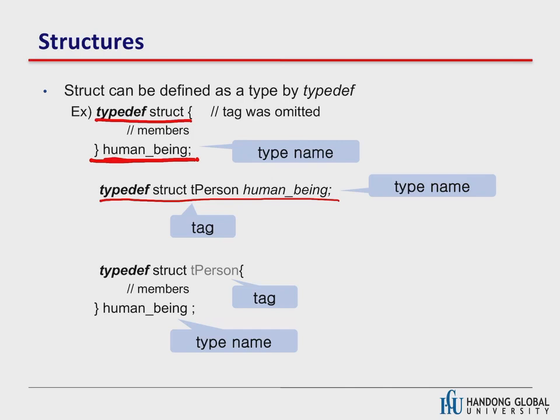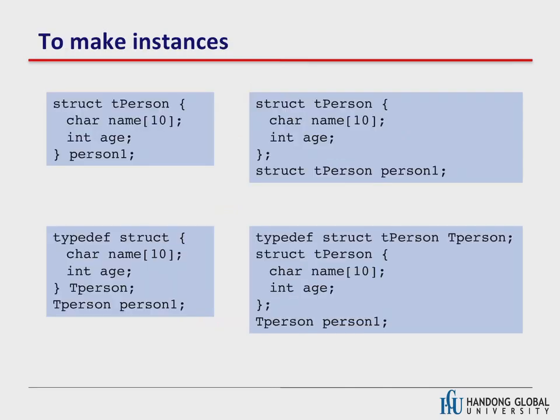Actually, I summarized a couple of different ways to define the structure data type, or to make instances of the structures. You can declare one instance in this way. In this way, we are not defining the structure data type. So if you want to use the data type, then this is the data type.